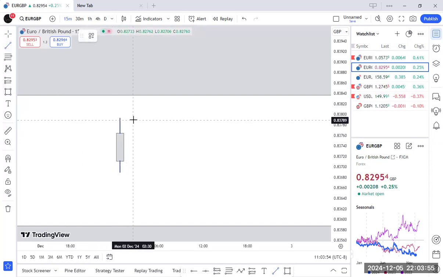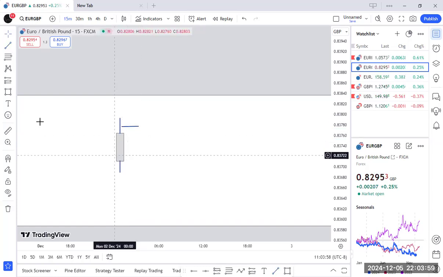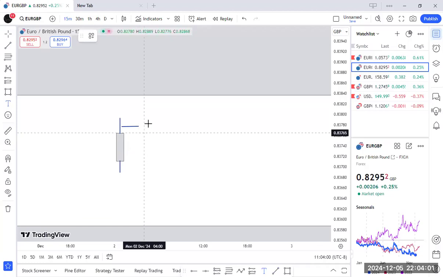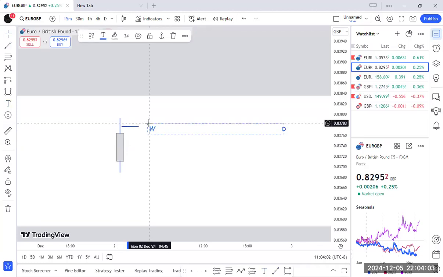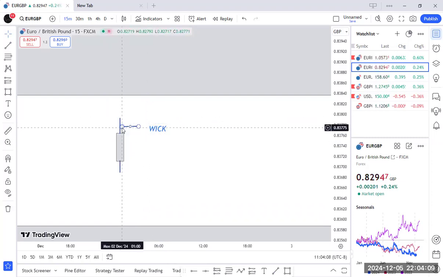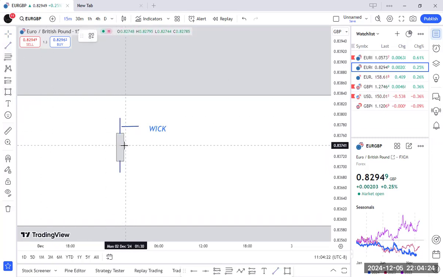This is called a wick. This is the open price for the sellers, and this is the close price for the buyers. This is the open price and this is the close price. This is called the body of a candlestick.